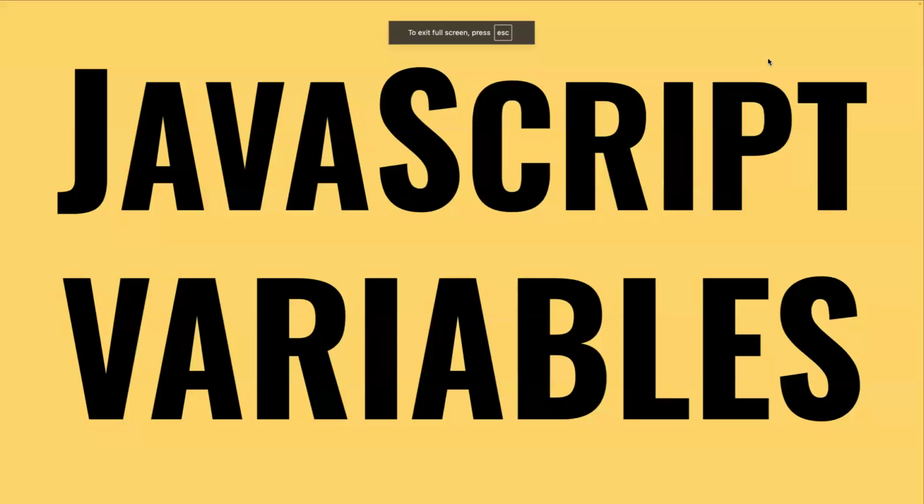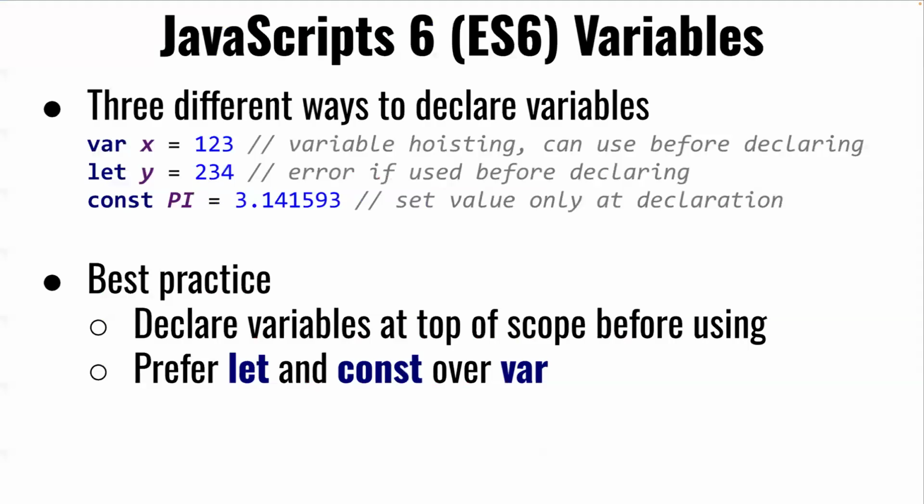All right. So let's talk about working with variables in JavaScript. Right. So JavaScript has evolved over time. Right, it has gone through several revisions, and there are some modifiers, some types of variables that have been around since the inception of the language, right?